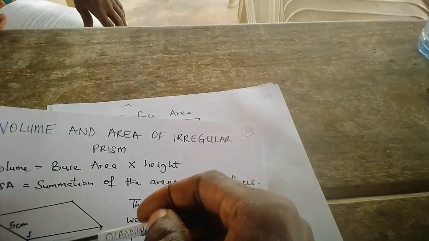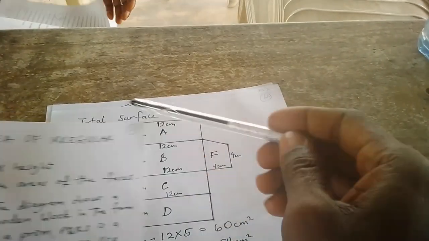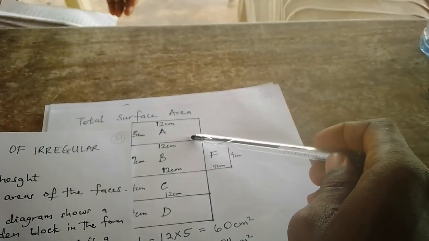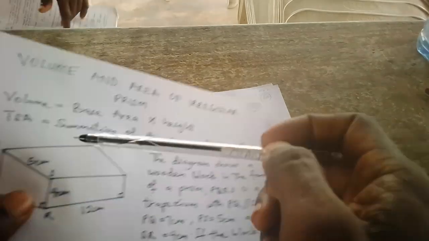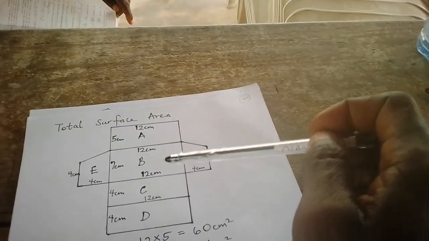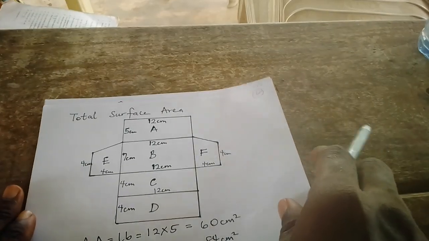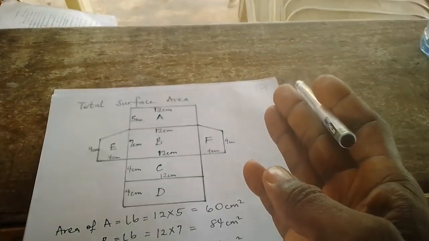So the back here is this one, the top here is this side, then the base is this place, then the side that covers it here is this place.